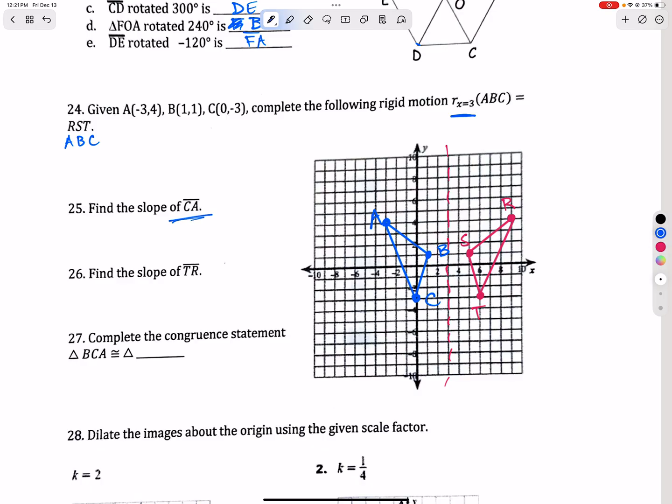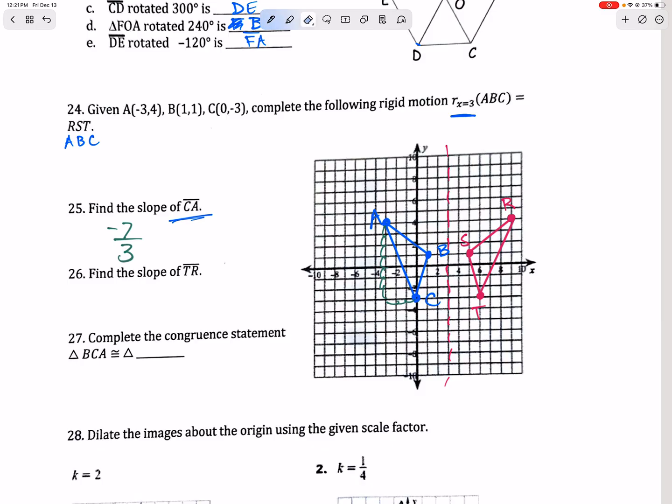Find the slope of CA. So if we look at CA, that's this one. We need the slope of that. So I'm going to go from A to C to find that slope. I'm going down 1, 2, 3, 4, 5, 6, 7. So -7 over 1, 2, 3. That's my slope.